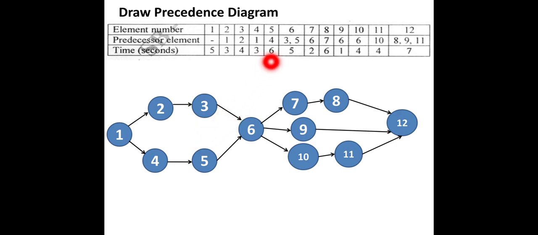From 6 it is 7, 9 and 10. From 7 it is 8. From 10 it is 11. From 8, 9, 11 it is 12. This completes the drawing of the precedence diagram.